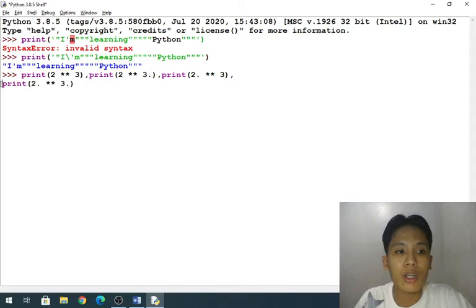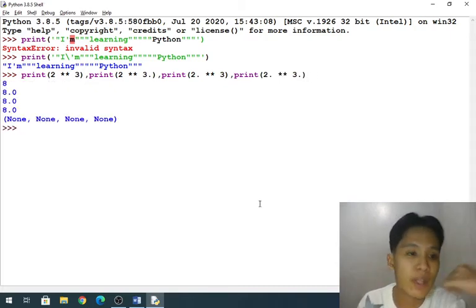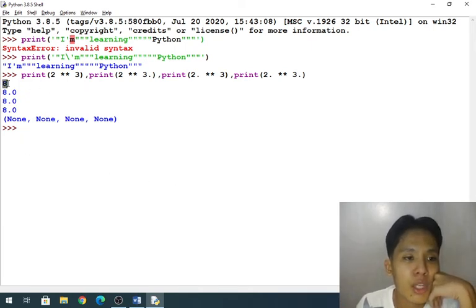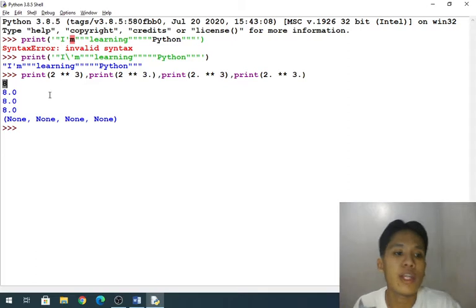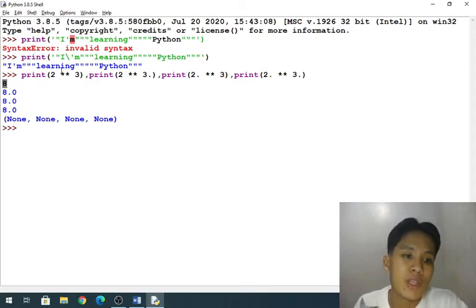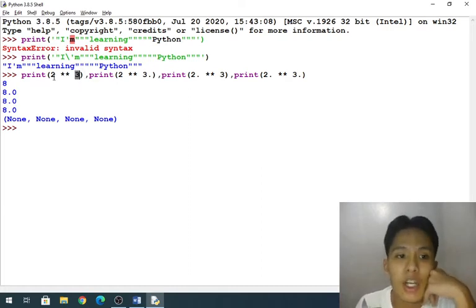Oh, sorry, I have to enter. There you have it. So 2, 3, then 8. So what can we conclude here is that it is not division but rather exponential. This one indicates something that is raised to a power of this. So if 2 is the base, it was raised to a power of 3.